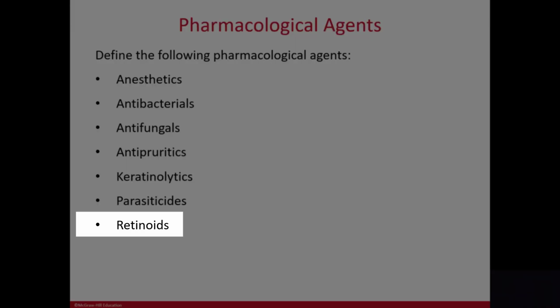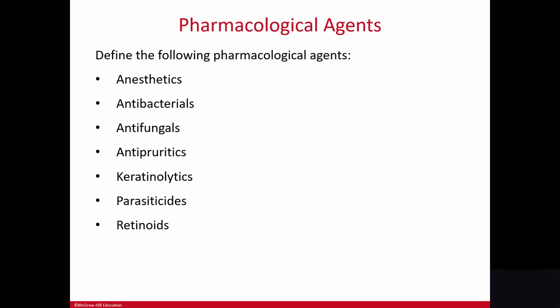And retinoids, these are chemical compounds derived from retinol or vitamin A. So think of all the cosmetic commercials that you see on TV. Unless you're talking about a skin cream, the prescription drugs are usually prescribed under the care of a physician to treat things like acne and psoriasis and certain skin cancers.